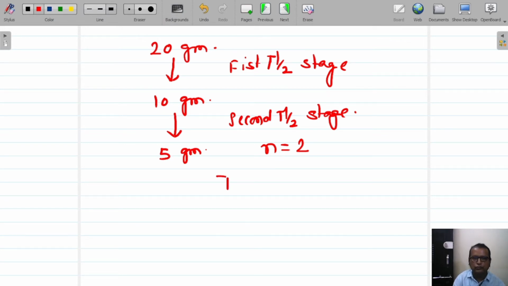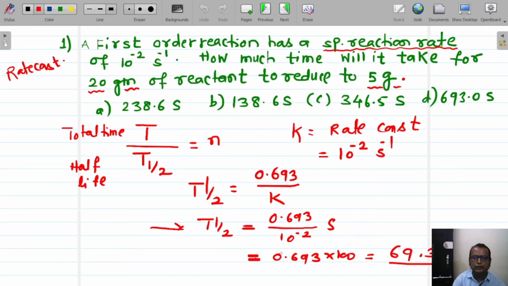Then we determine the total time required, which is N into half-life time. The half-life time is 69.3 seconds. T is equal to N into T half, which is our important part.